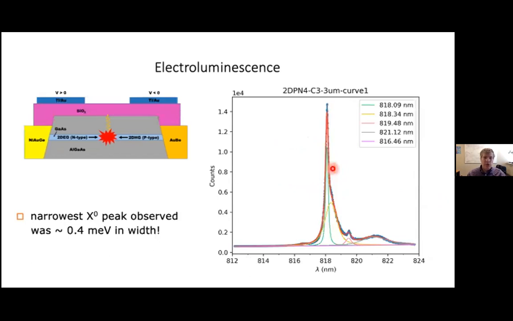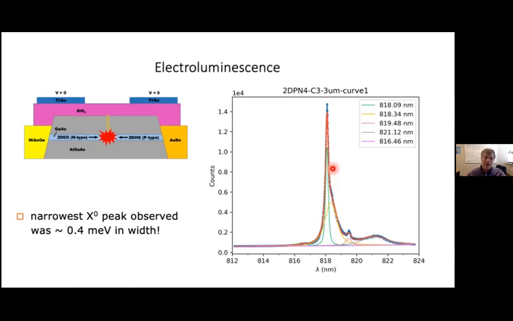Now, when we zoom in on one of these spectra, we typically see more complexity, and we can fit several overlapping peaks. And some of those peaks may correspond to charged excitons. Some of them may correspond to defect states. We're still working on the details of that.